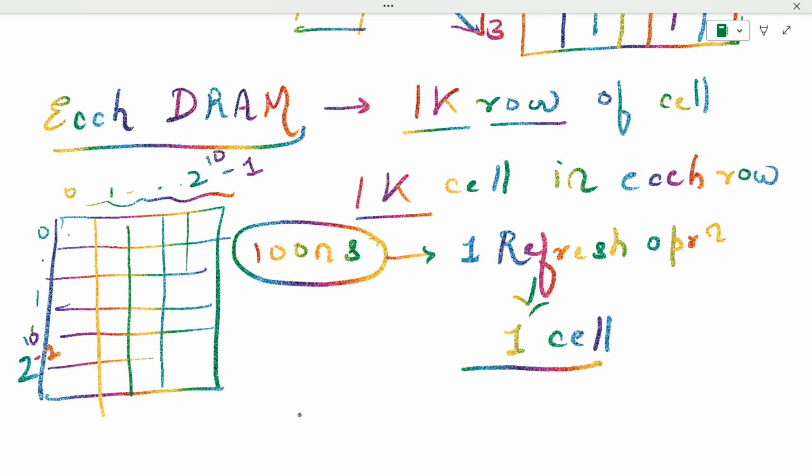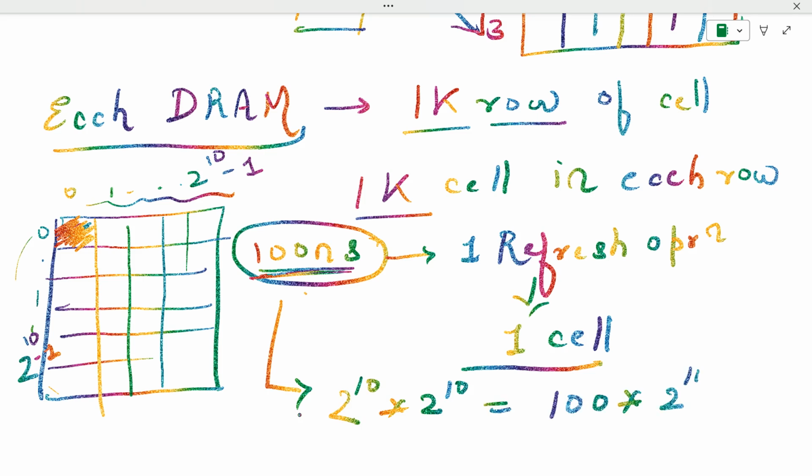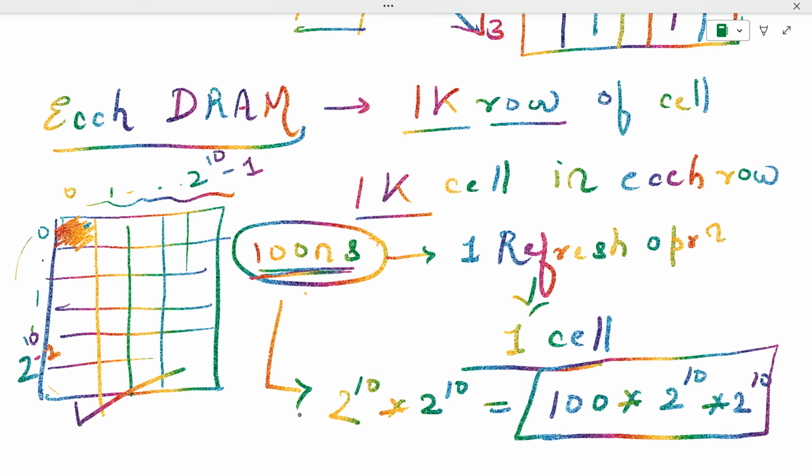So this is one cell, and if 100 nanosecond is required, I mean this is the time taken to perform a single refresh operation for this cell. So for this entire block, how much time will be required to perform the refresh operation for 2 to the power 10 into 2 to the power 10 cells? That is equal to 100 into 2 to the power 10 into 2 to the power 10. Okay, so this is the refresh operation time for this one DRAM chip.